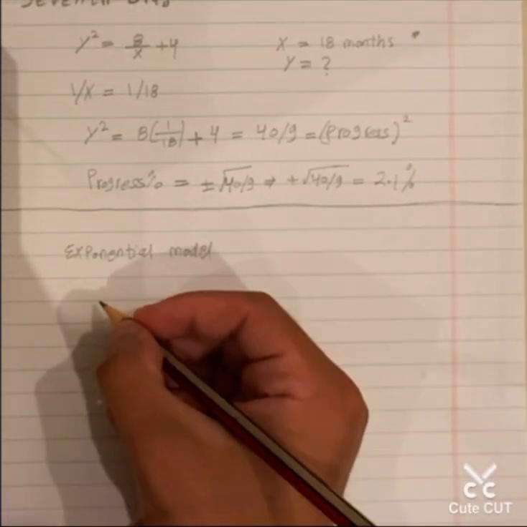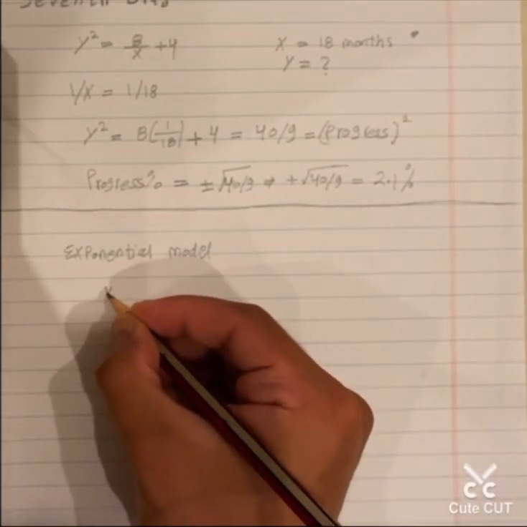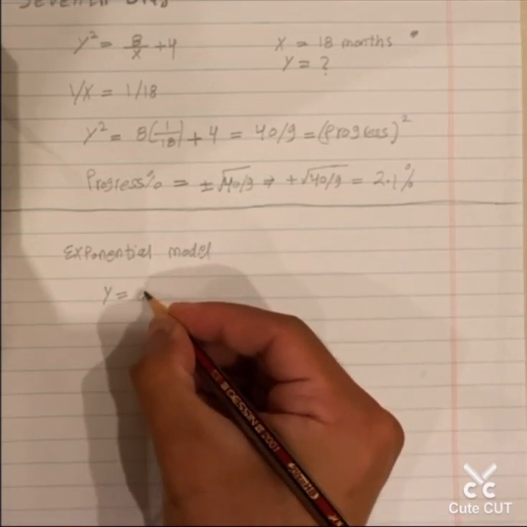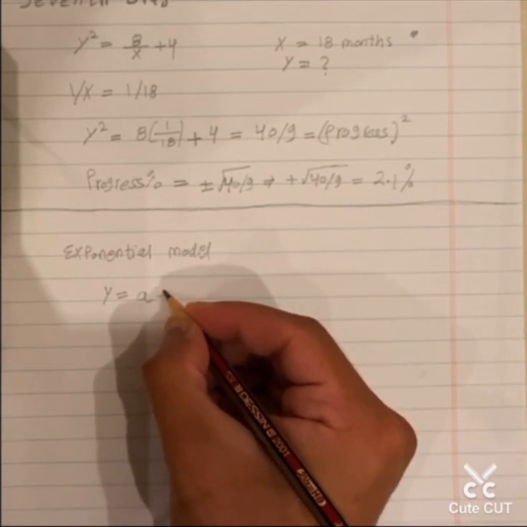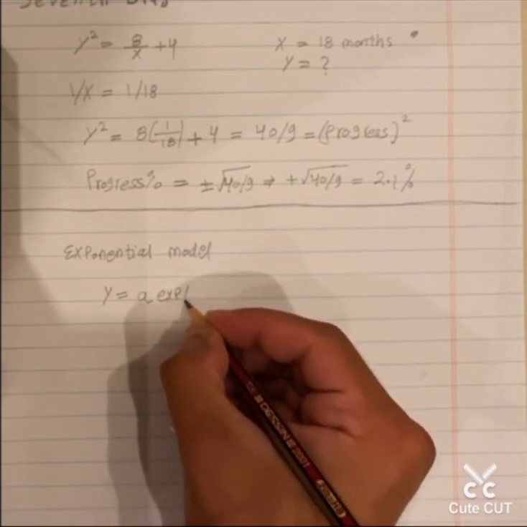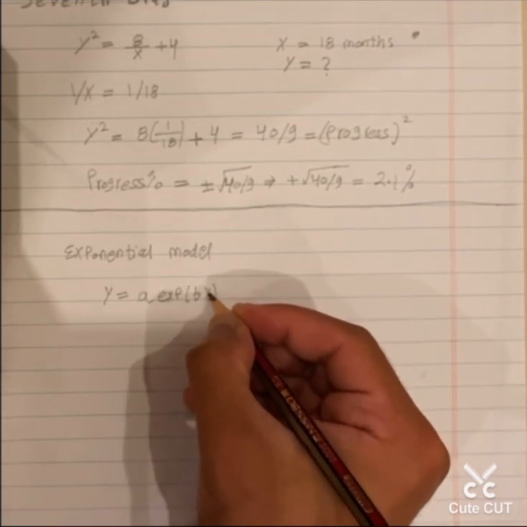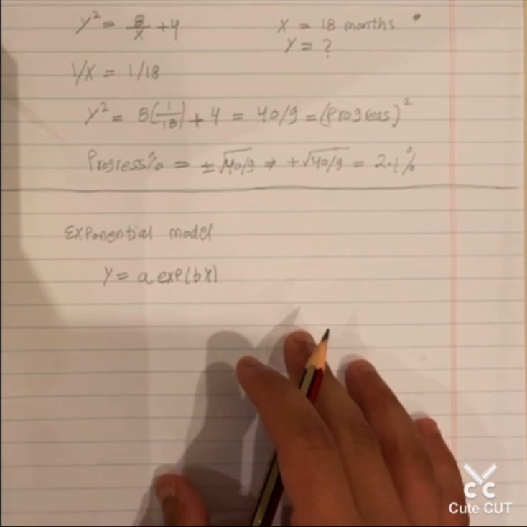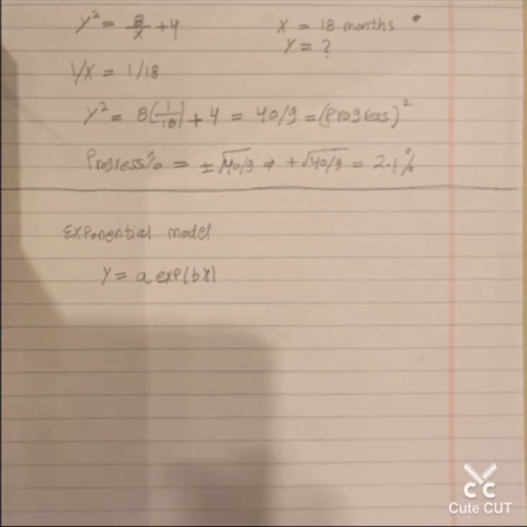which has a formula of y equal to a times e to the exponent bx. This model describes a lot of data that are unknown to us. So we have many data described in engineering and science that we don't know the relationship between.